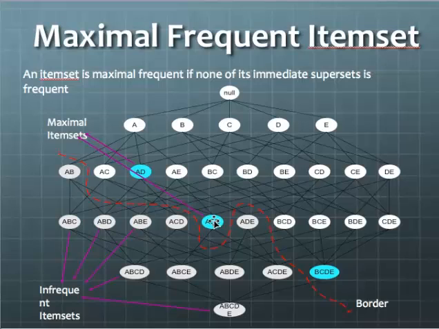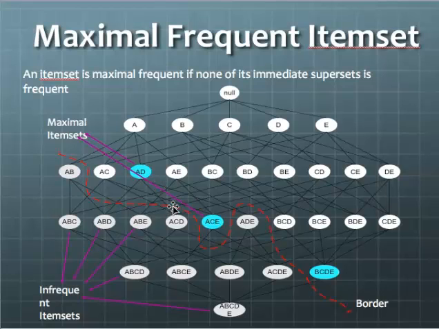Maximal frequent item sets effectively provide a compact representation of frequent item sets. In other words, they form the smallest set of item sets from which all frequent item sets can be derived. For example, the frequent item sets shown here in this figure can be divided into two groups.